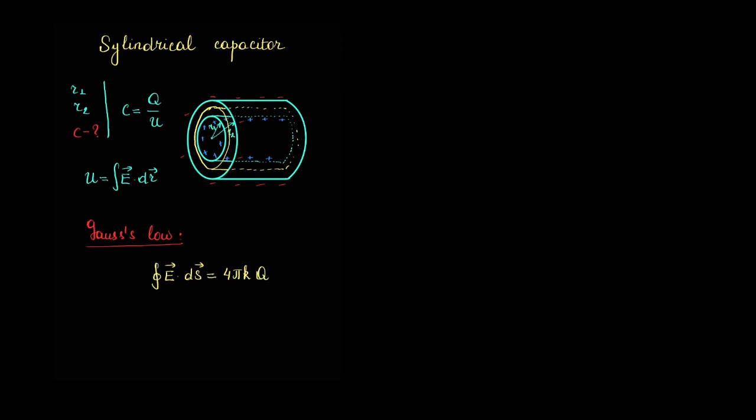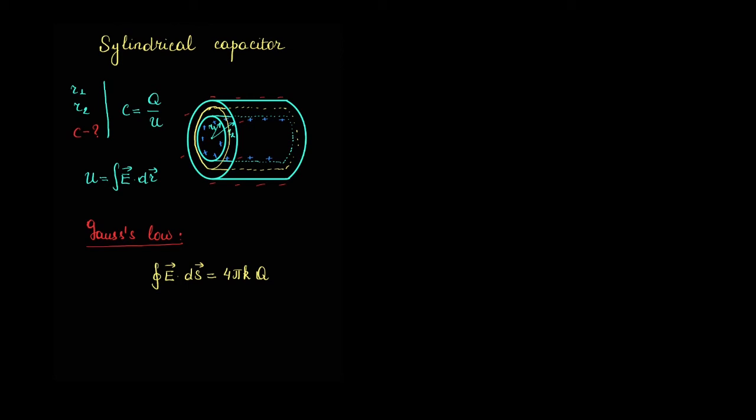Now this is the flux. On the left hand side you can see the flux over a closed surface. We can divide it into three parts: the flux through the flat ends, and the flux through the curved surface.